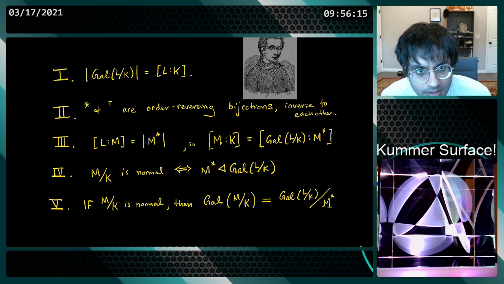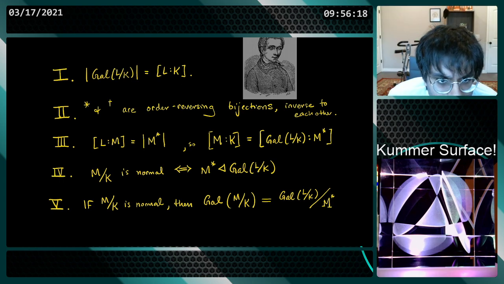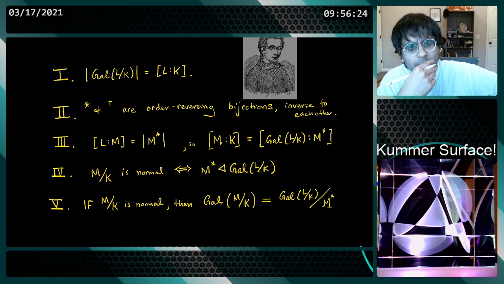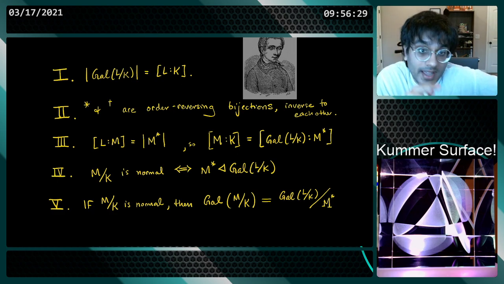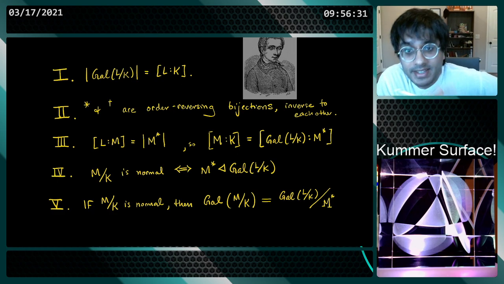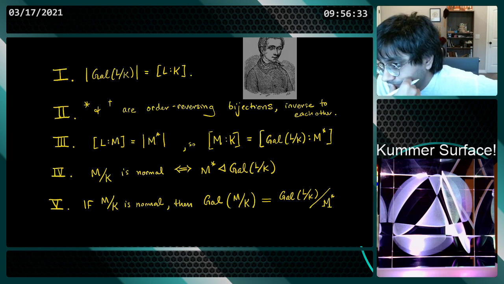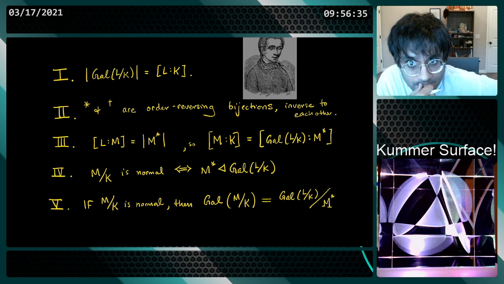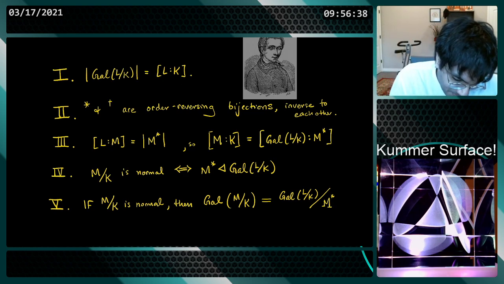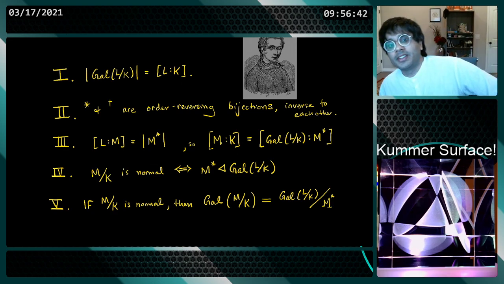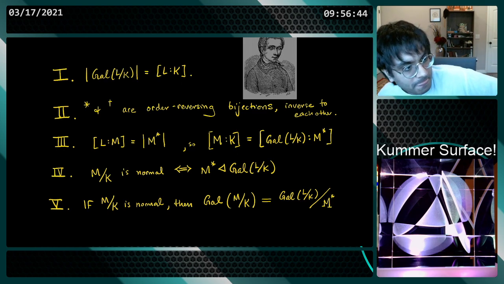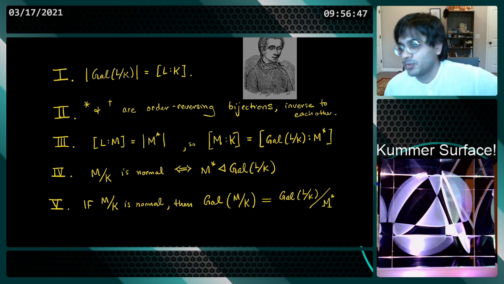Okay. Now number 3. The index of L over M is this. Oh, actually, we just saw number 3 in the act of proving number 2. This is H. We just witnessed this one.